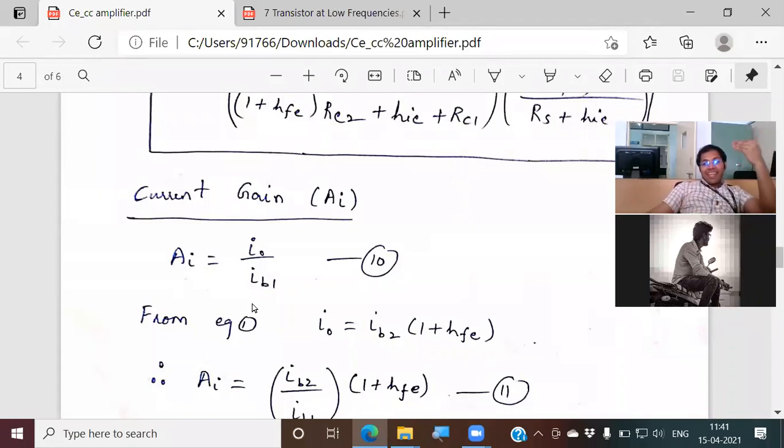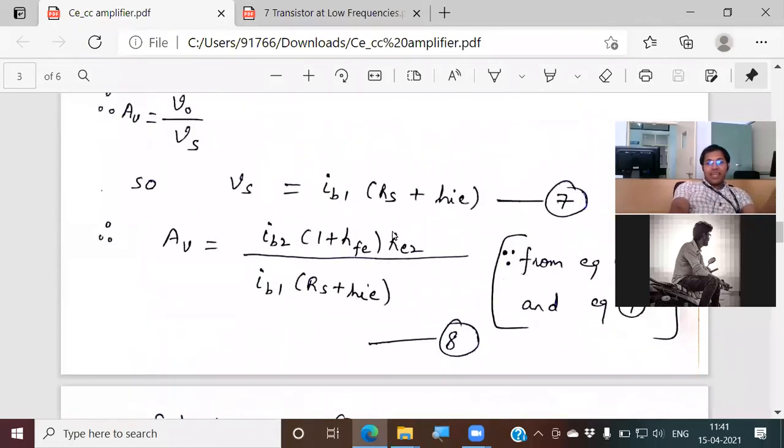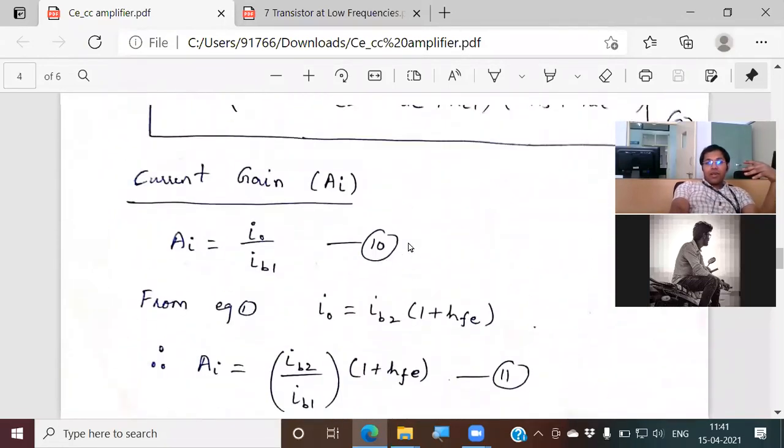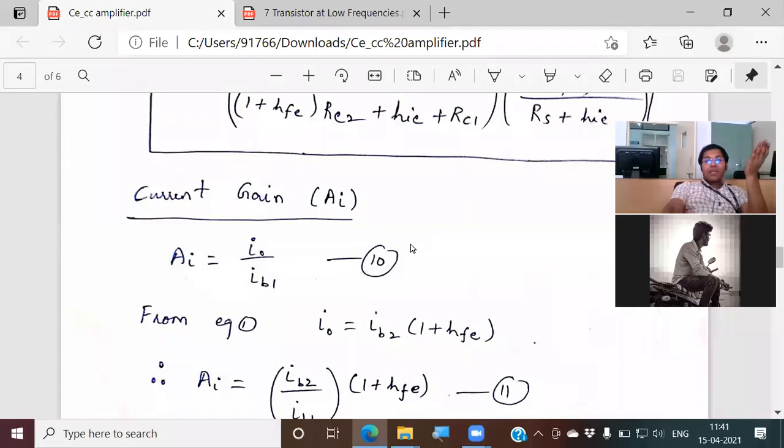Instead of directly finding AIS, if you want, you can directly find it, nothing wrong. But some intermediate results we already found earlier in this derivation that I want to use. So I will first find AI, and from AI, I will find AIS. So what is AI?